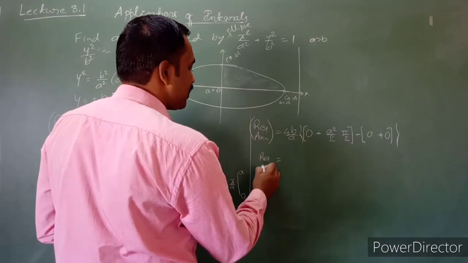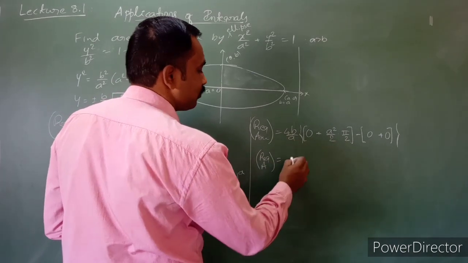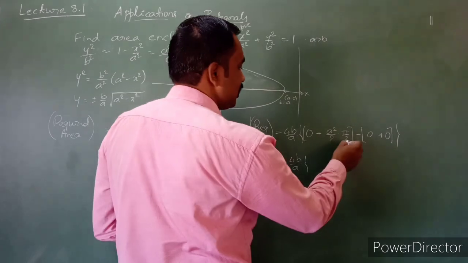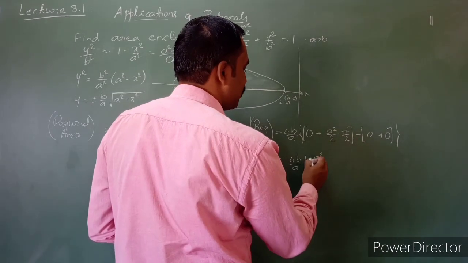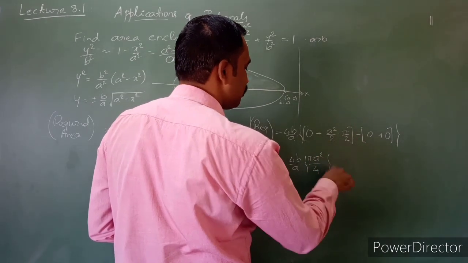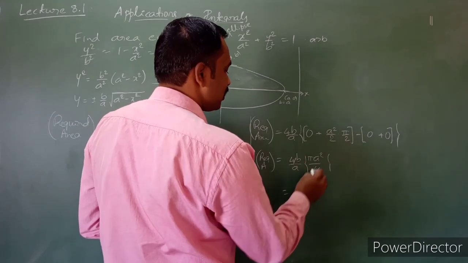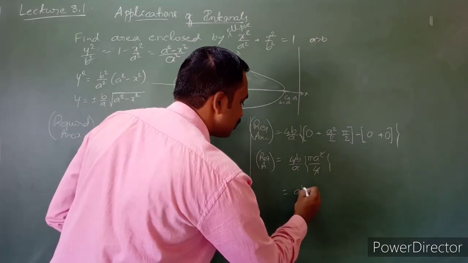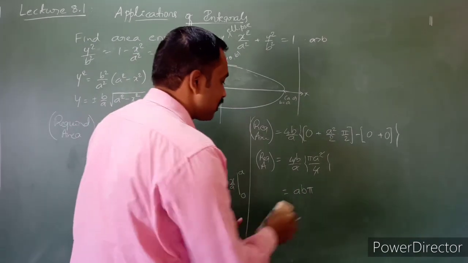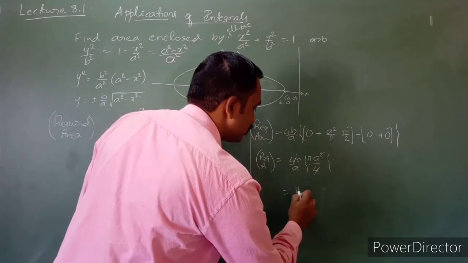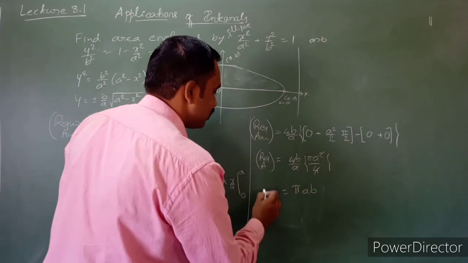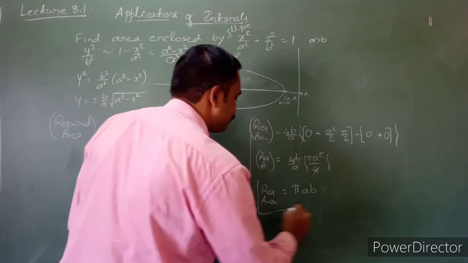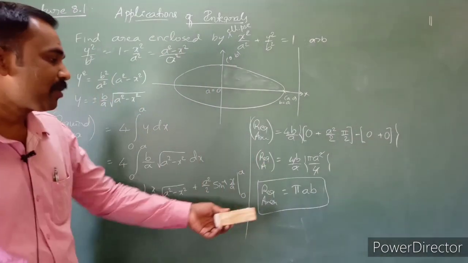Therefore the required area is equal to how much? 4b by a into a square pi by 2, 4 gets cancelled, one of the a gets cancelled, a b pi, or pi ab.